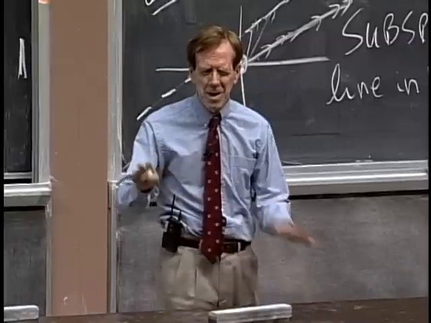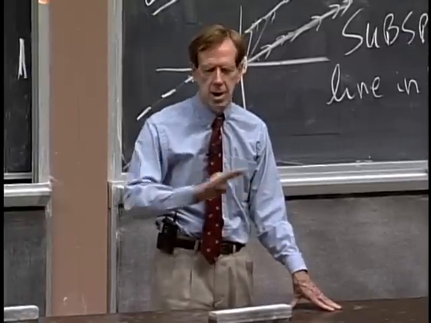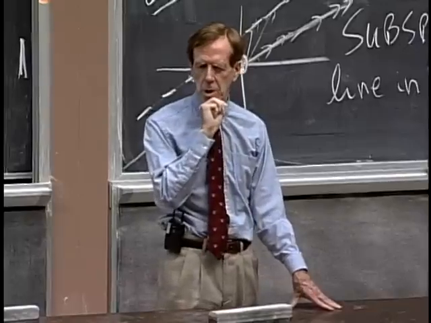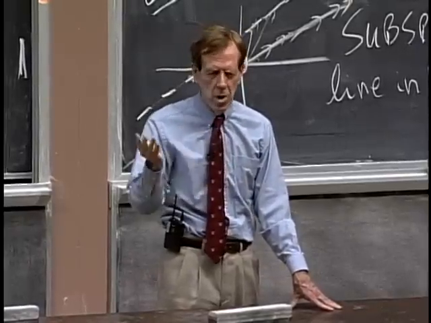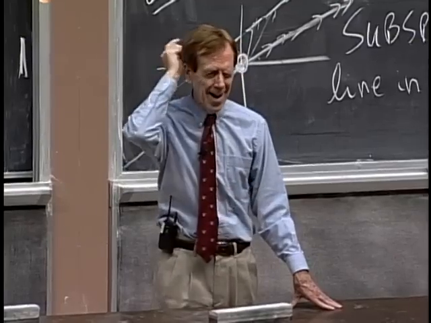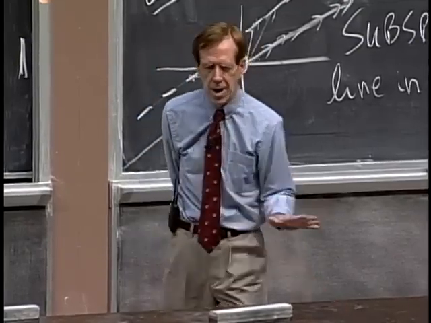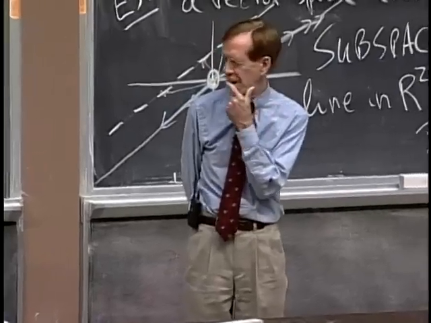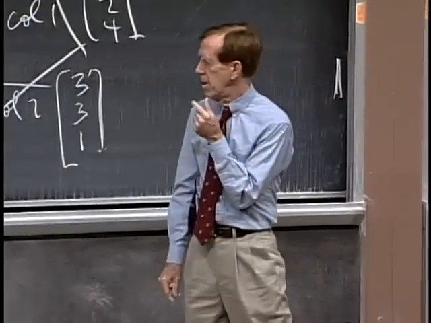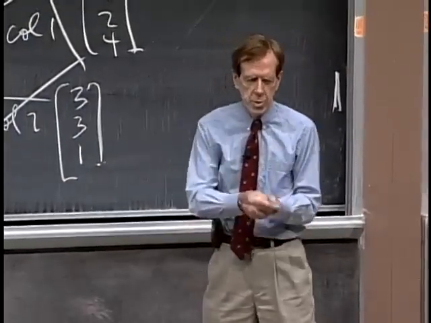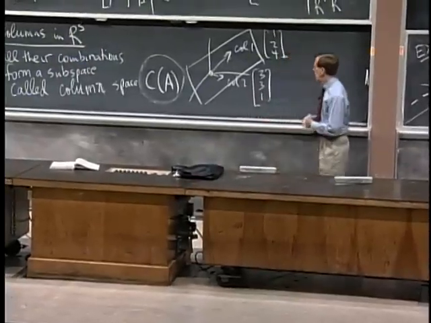And we possibly have some 5-dimensional flat thing going through the origin for sure. Well, of course, if those 5 vectors were all on a line, then we would only get that line. So you see, there are other possibilities here. It depends on those 5 vectors. Just like if our 2 columns had been on the same line, then the column space would have been only a line. Here it was a plane. Okay.